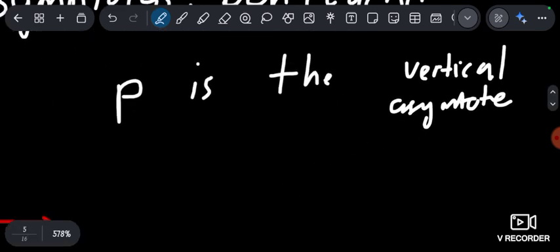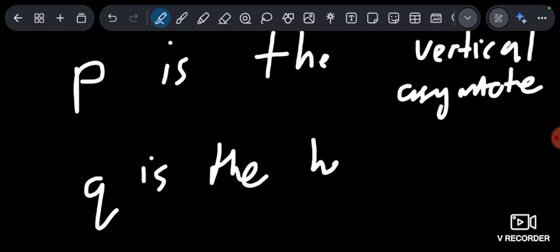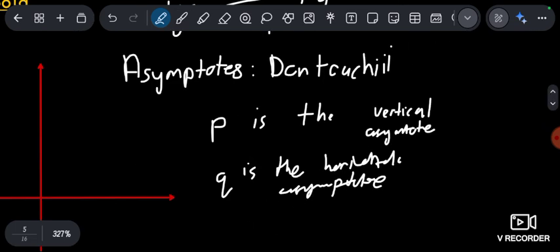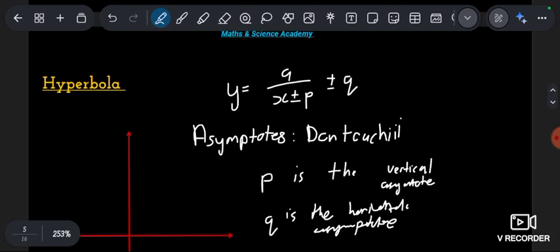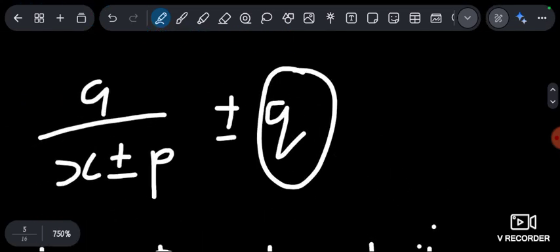And then the same thing for q is the horizontal asymptote, right?